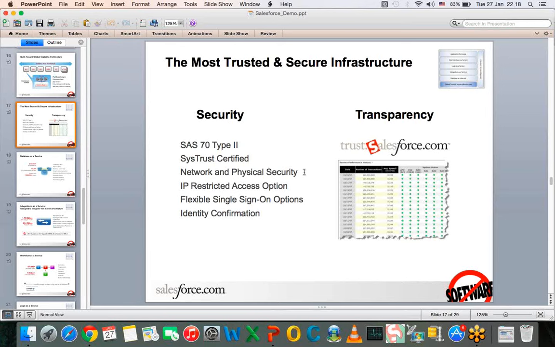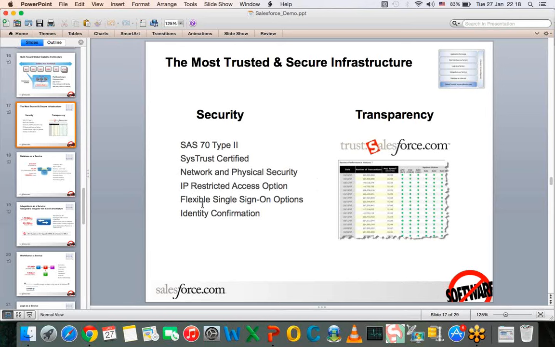And network and physical security is also an important characteristic: the whole network is secured, and no intruders will be able to access this network unless they are certified or have valid access to it.